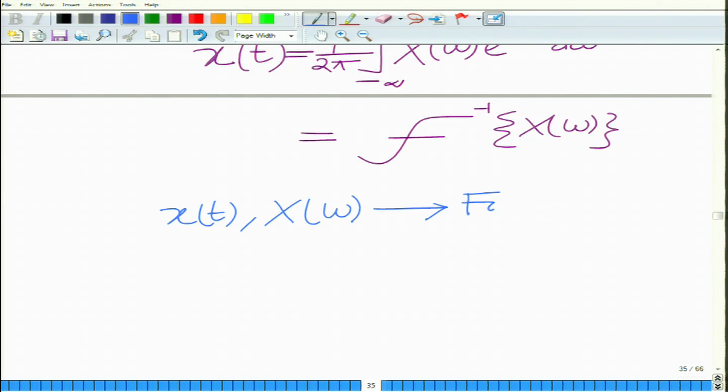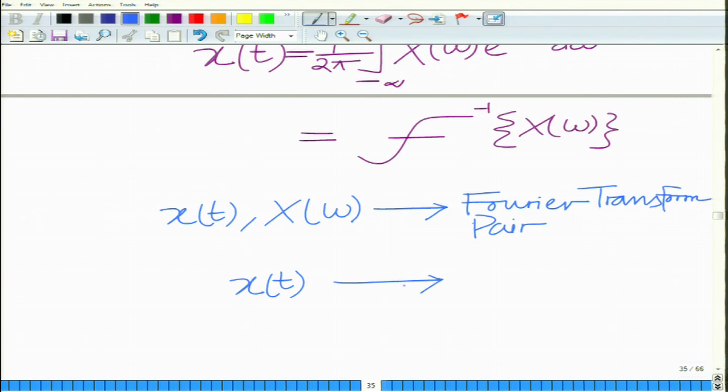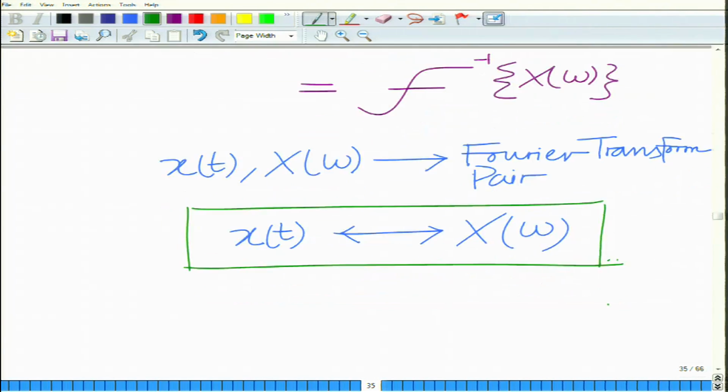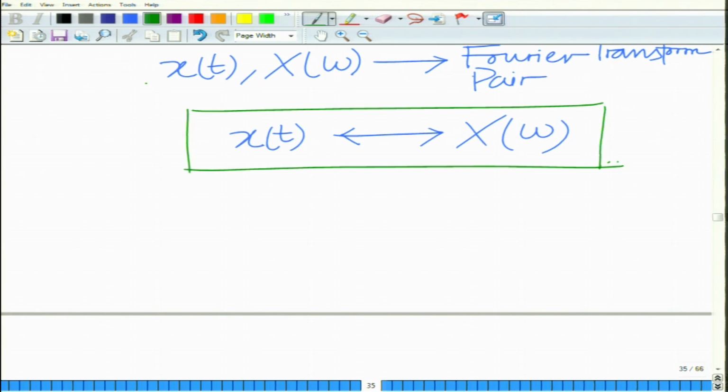These form what are known as the Fourier transform pair, and are represented simply using a double headed arrow between x of t and X of omega. These form a Fourier transform pair.